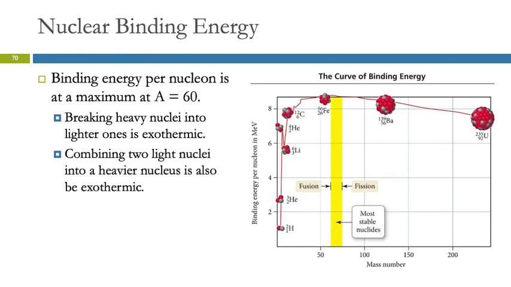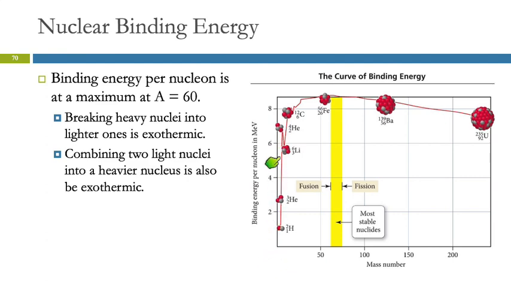So the maximum nuclear binding energy per nucleon is at A equals 60. That is neodymium. And so here's a graph of binding energy per nucleon versus mass number.